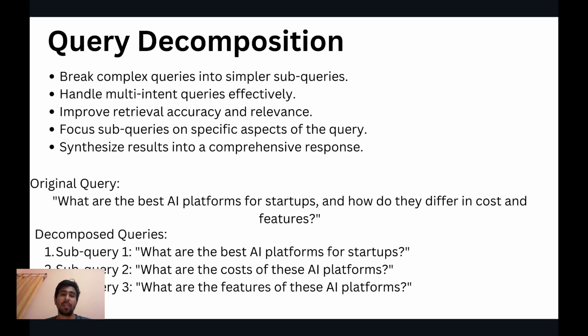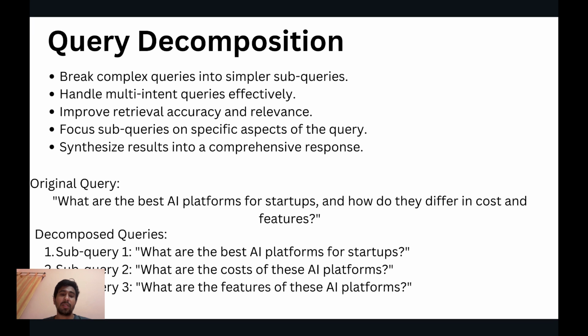There is another technique called query decomposition. We break down a complex query into smaller subqueries instead of using a single query. It can handle multi-intent queries effectively, and it focuses subqueries on a specific aspect of the query. So it gives us a comprehensive response.